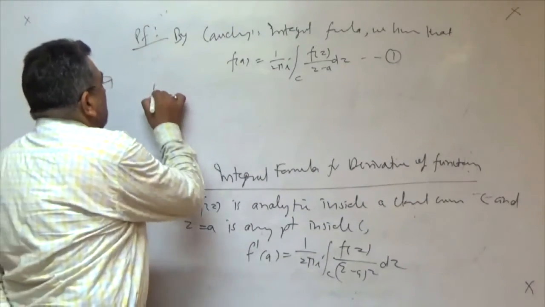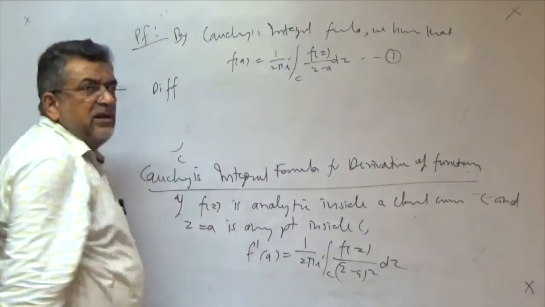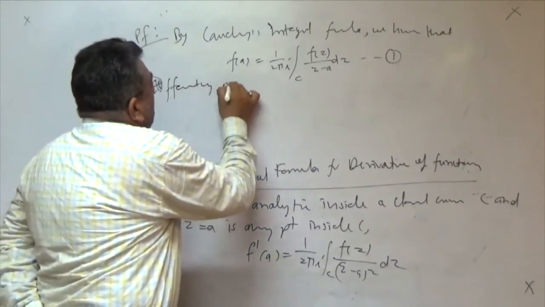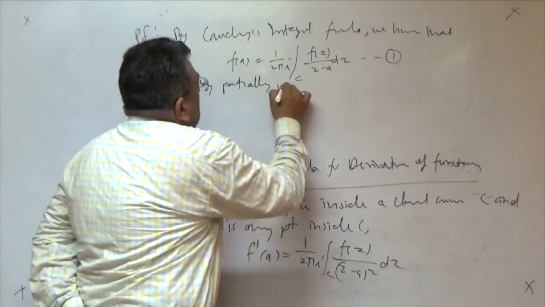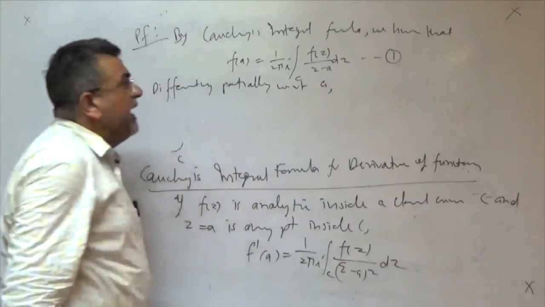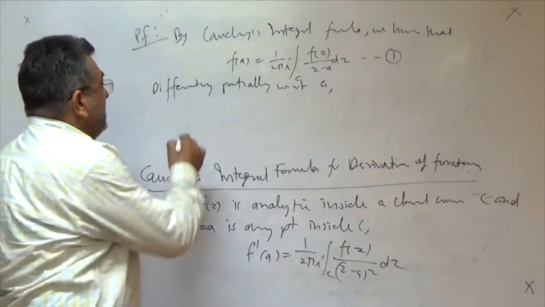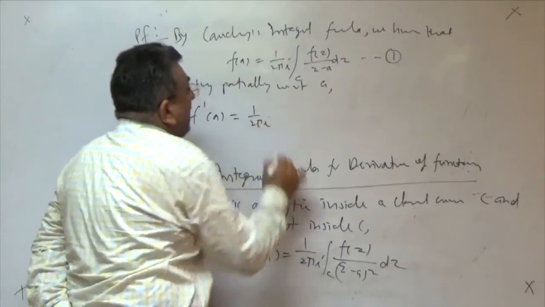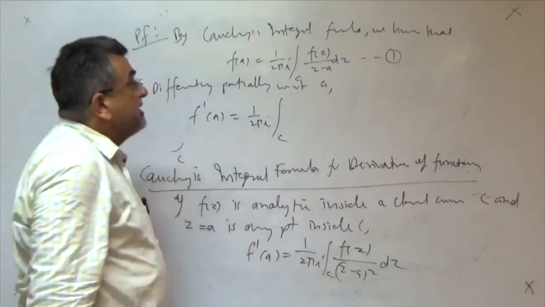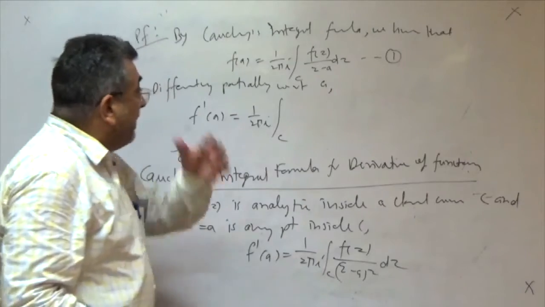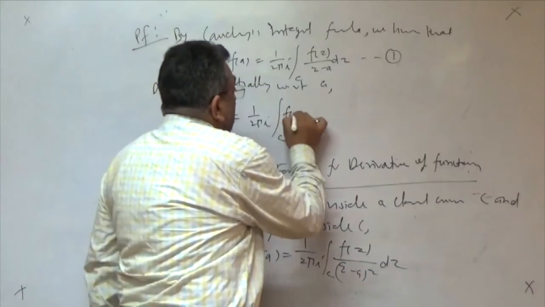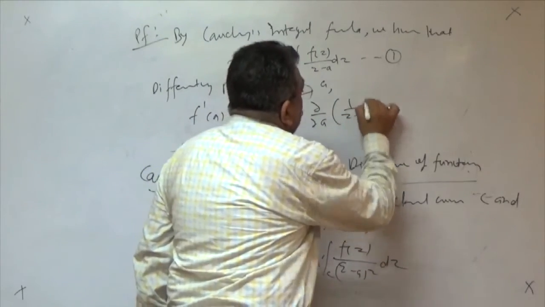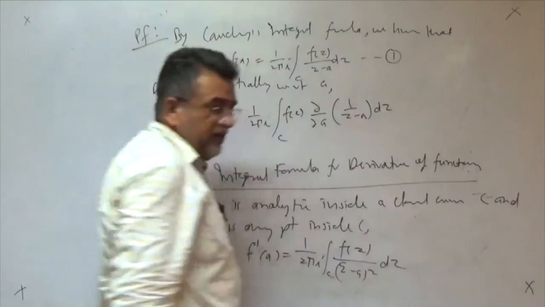Now there are a number of methods to prove this, but here I am using a very simple method: differentiating partially with respect to a. Take a as a parameter and differentiate this. On the left hand side, we get f'(a), and on the right 1 upon 2 pi i; inside the integral sign, f(z) is outside of this differentiation, and the partial derivative with respect to a of 1 upon (z minus a) is taken.